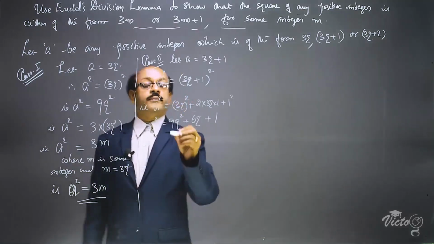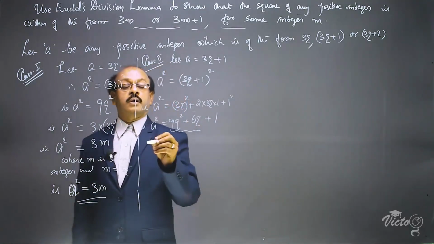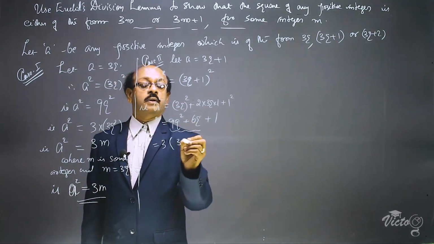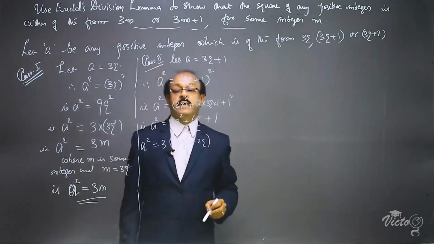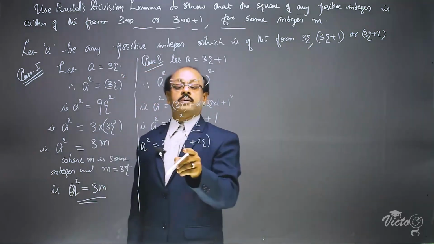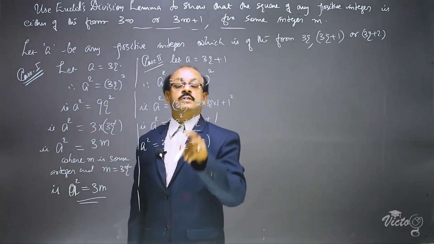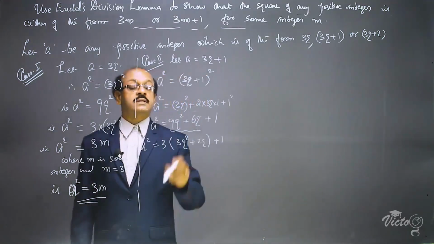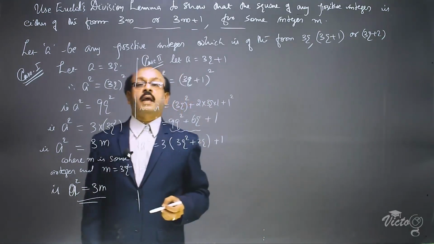We are taking 3 as a common factor from the first two terms. Therefore, a square is equal to 3 into 3q square plus 2q, plus 1. Now we are assuming this 3q square plus 2q to be another integer, namely m.